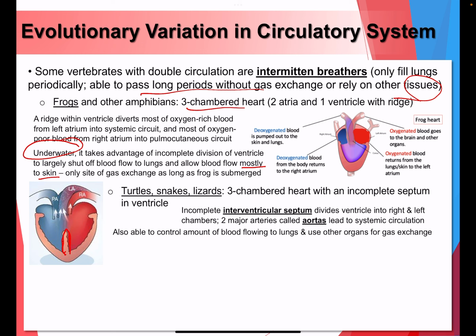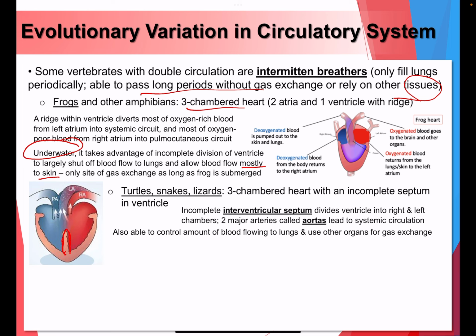But then again, it is this incomplete interventricular septum that divides the right and left into two chambers somewhat, and it allows the animal to control the amount of blood flowing to the lungs, or when the animal is submerged underwater, they can use other organs for gas exchange.